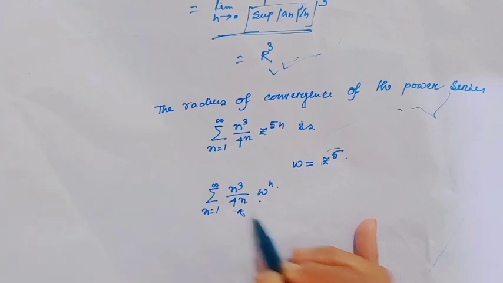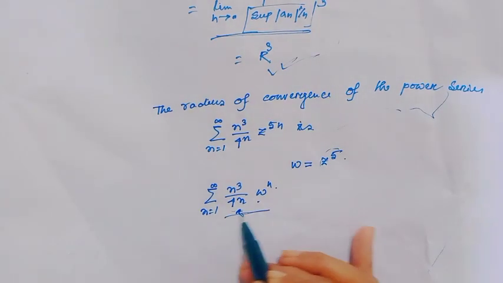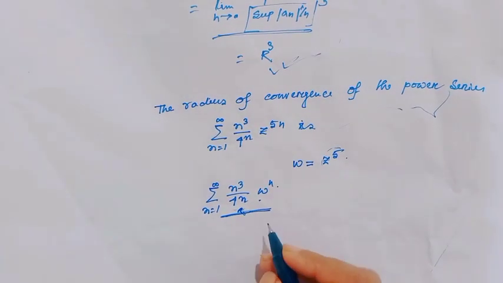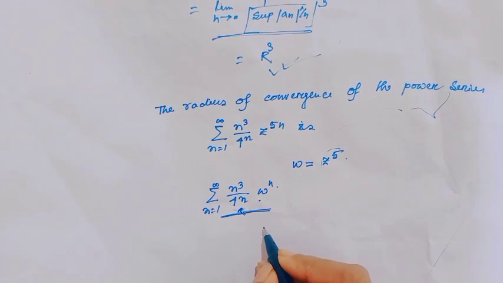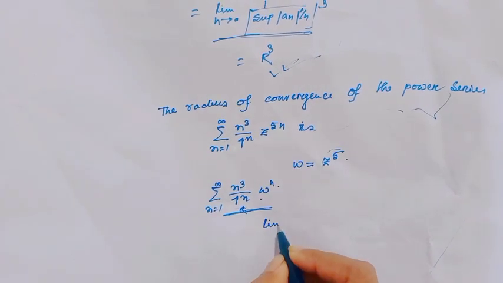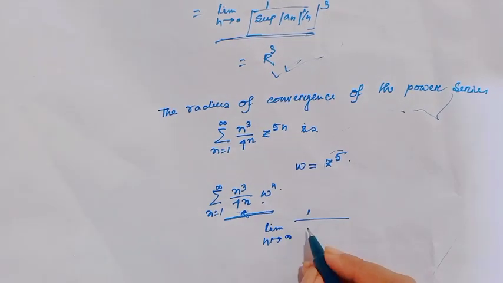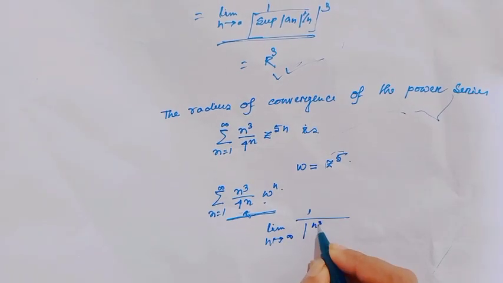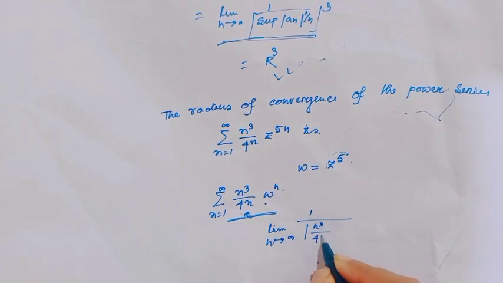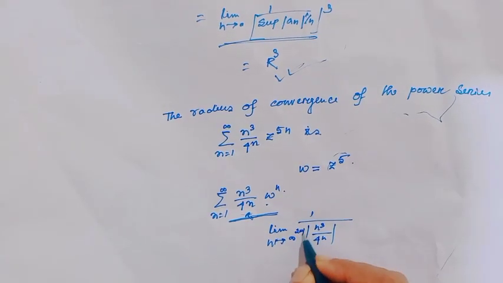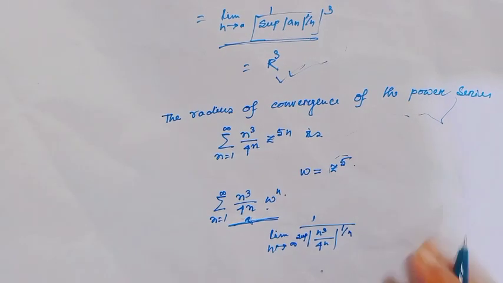Now we have to find the radius of convergence of this power series. Here also I will use the Cauchy Hadamard test. Limit n tends to infinity, here a n means 1 over absolute value of n cube over 4 to the power n, supremum, to the power 1 over n.